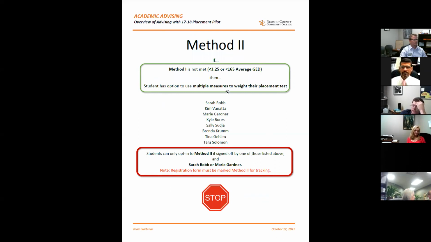So similarly, a student would come in, have to meet initially with one of the people listed here to evaluate on method two, and then final sign-off would have to go through Sarah or Marie. And again, on this particular enrollment, it would be a paper registration form that has to be marked as method two for tracking purposes.